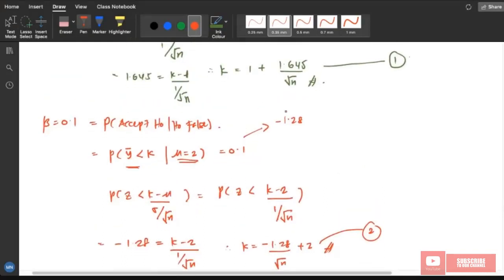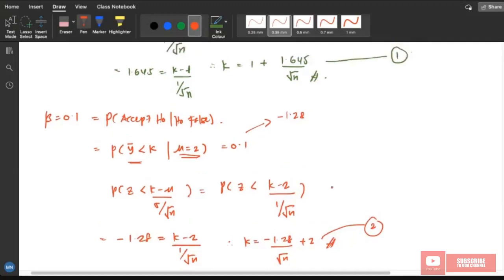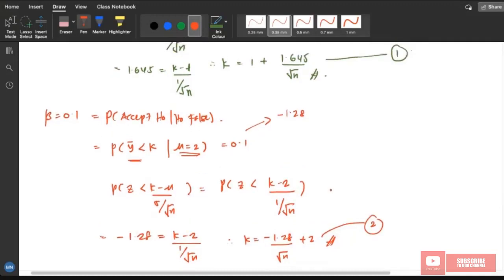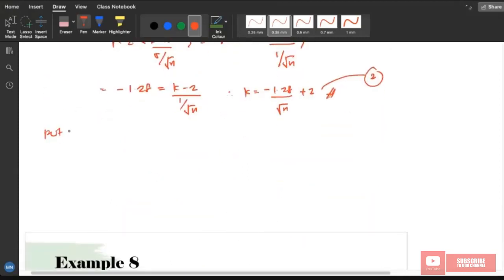So we have first equation and second equation, right? How to solve this one? You can put 1 into 2 or 2 into 1, it is the same, right? Put 1 into 2, right? So 1 plus 1.645 divided by square root of N equals negative 1.28 divided by square root of N plus 2, right?